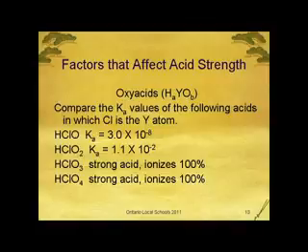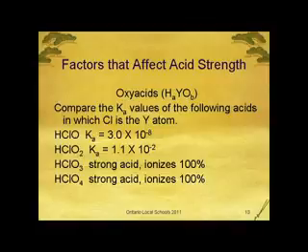When we add one more oxygen to this, HClO2, the Ka value increases to 1.1 times 10 to the negative 2nd. When we add 2 more oxygens to this, HClO3, it's a strong acid and ionizes 100%. And then finally, HClO4, perchloric acid, also a strong acid that ionizes 100%. So the greater the number of oxygens, the stronger the acid will be.